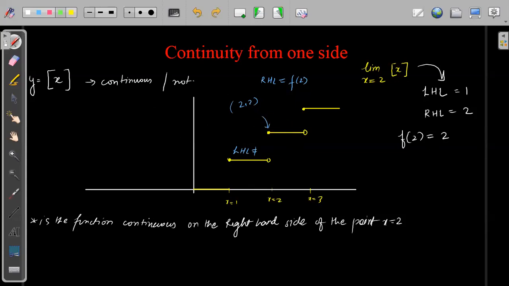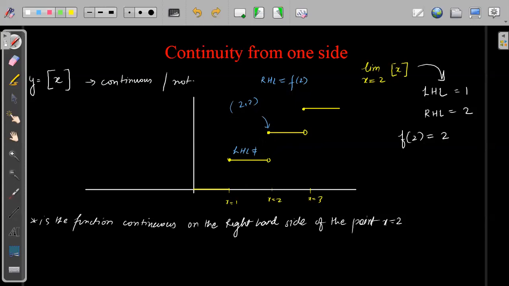Yes. Do not think that I am talking about plotting the function from here until infinity. No. On the right hand side means just a very small neighborhood. If I am able to draw, yes.